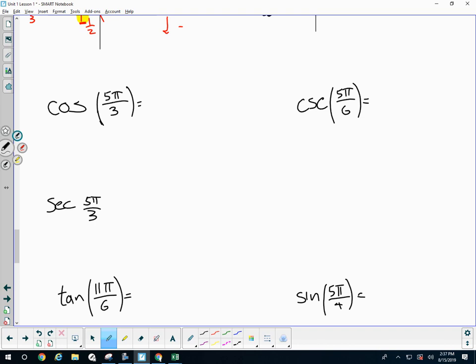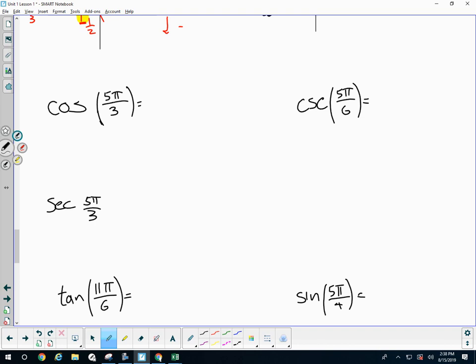So only pi over 4s create those 45, 45, 90s. The pi over 3s and the pi over 6s create the 30, 60, 90s. So this is a 30, 60, 90. You just have to figure out the orientation of it. Is it the tall or the short? You won't be able to use that.